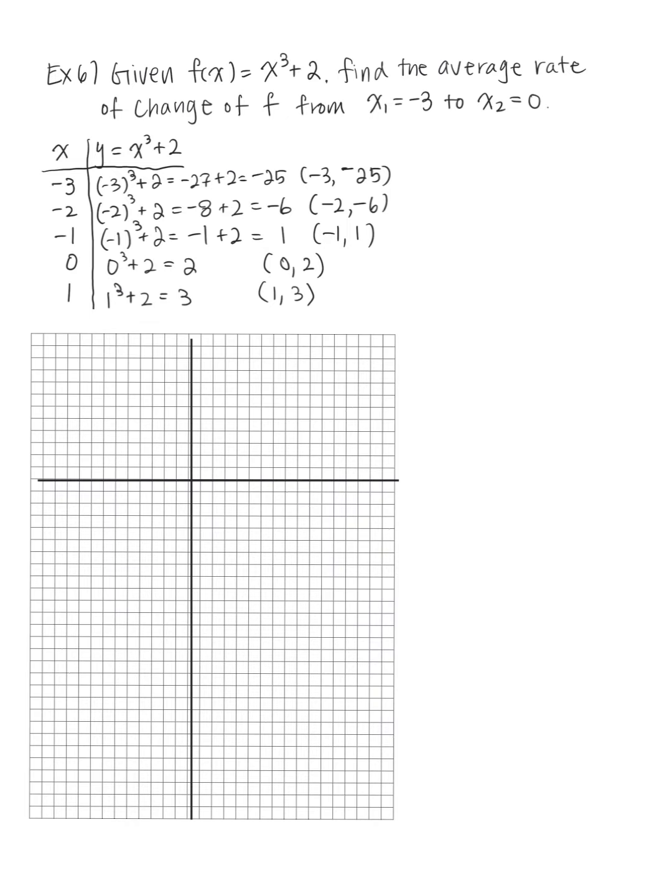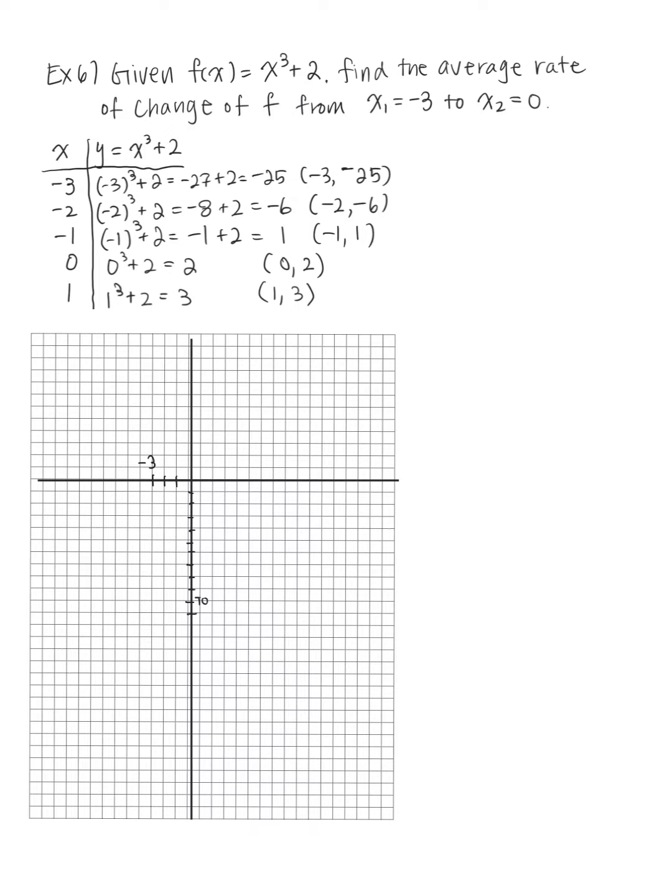My apologies for the grid of the graphing paper being super small, but we have to plot y equals -25. That's the reason why I have to shrink this grid a little bit. So hopefully you can see this. When x equals -3, our y is -25. So 6, 7, 8, 9, 10.